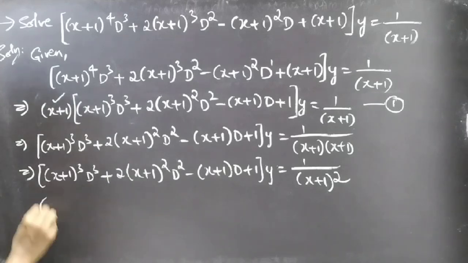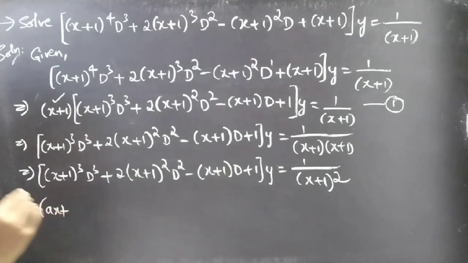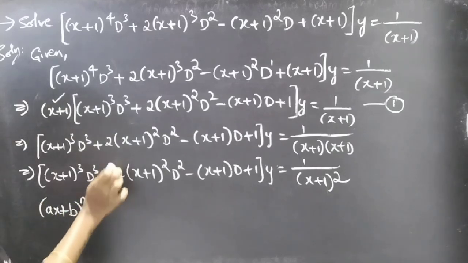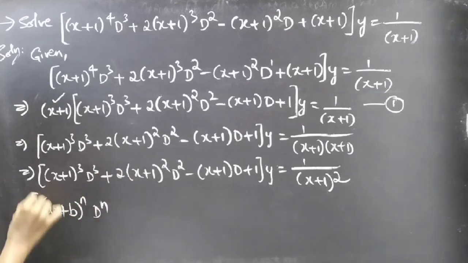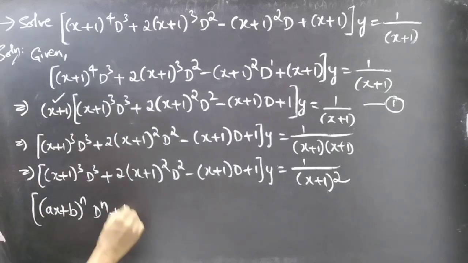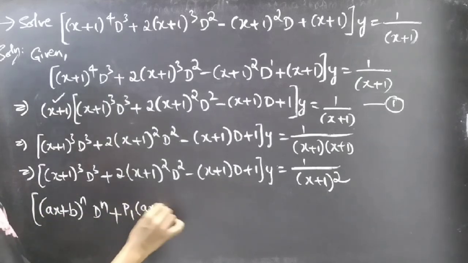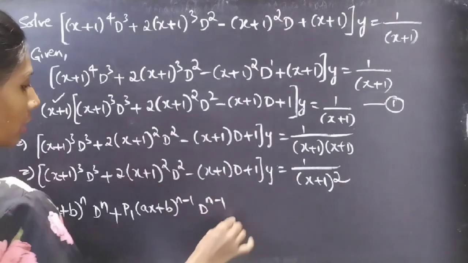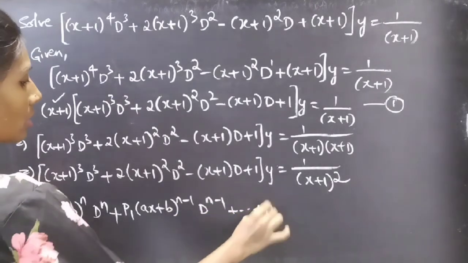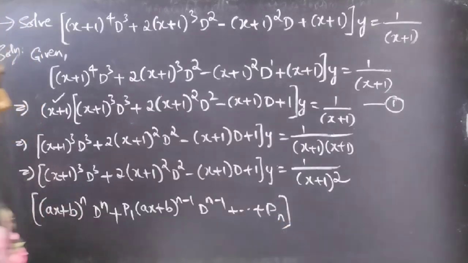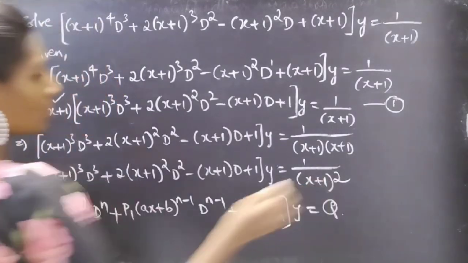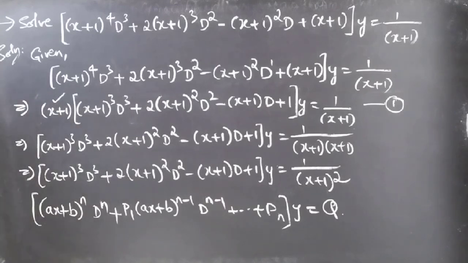We know that Legendre's equation is of the form (ax+b)^n D^n + p1 (ax+b)^(n-1) D^(n-1) + and so on + pn y = some function of x. Our equation is of this form.